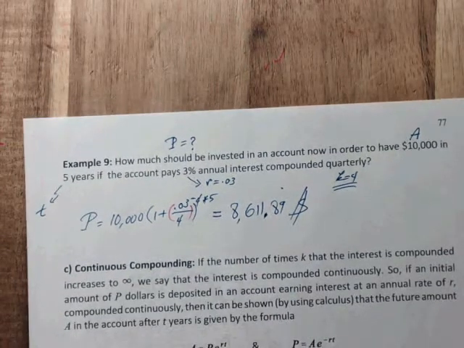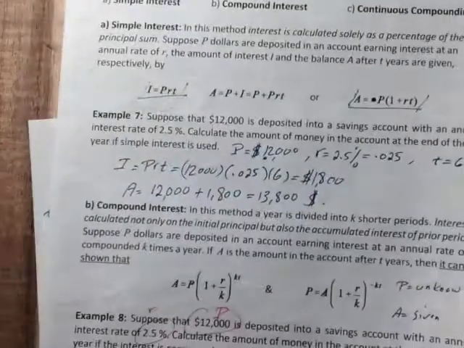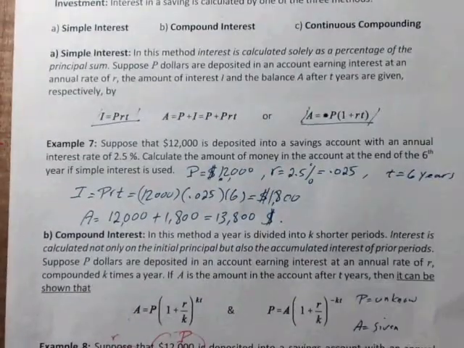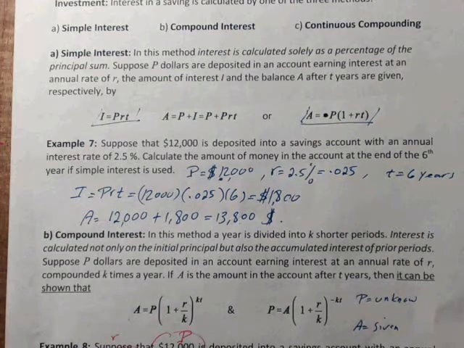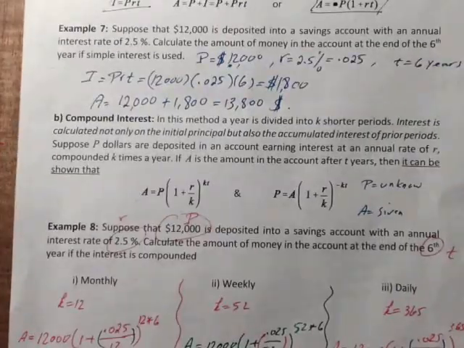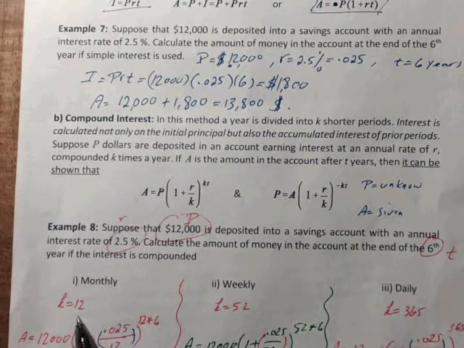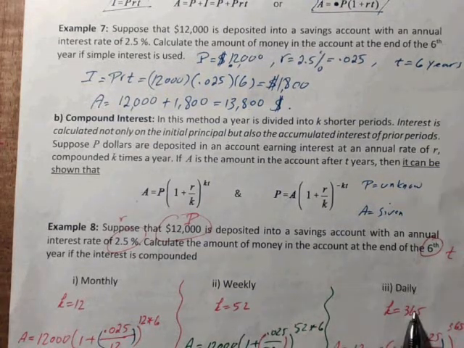Now the question is that I kind of raised. Let's go back to this page. K is the number of times you compound. So the question is, how big of a K do you choose? Like in this problem here, this bottom problem, in one part K was 12, then 52, then 365.